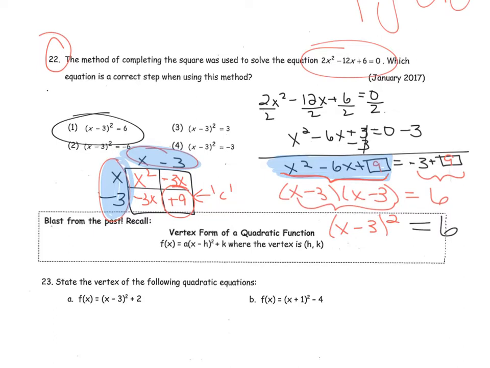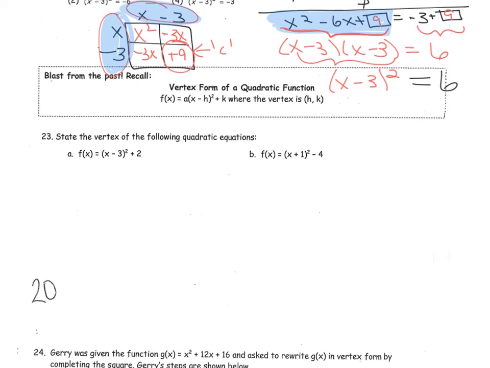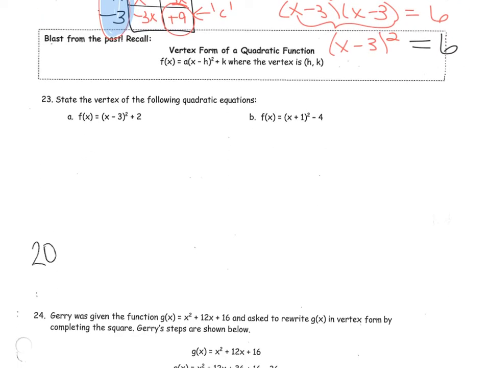Now, we're going to be talking about something a little bit different. We're going to be talking about vertex form. Now, we should remember vertex form. I taught you guys this. What's inside the parentheses is either moving left or right, and what's outside the parentheses is moving up or down. So, in this situation, remember, you do the opposite of what you would think for the parentheses.